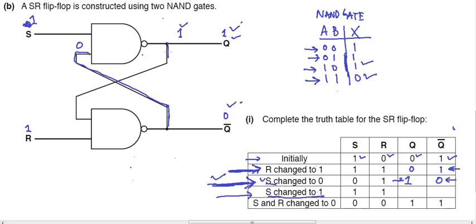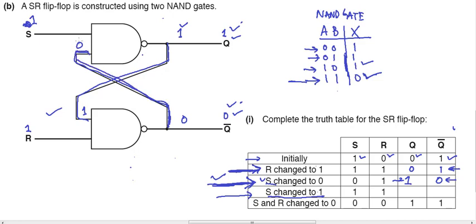So Q doesn't change. So now we are feeding 1 here, and now we have a 1 1 at this input. And when we have a 1 1, the output is going to be 0, which means we're going to get a 0 here, and it's the same as this. And let's just try and feed this 0 back and see if this brings a change.